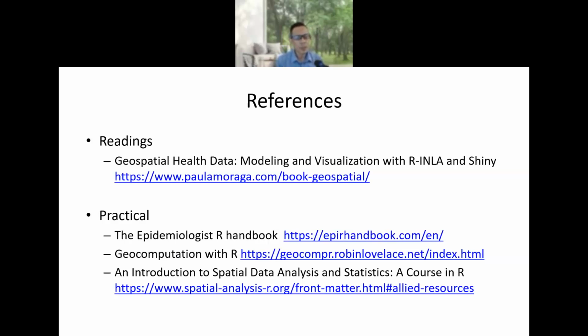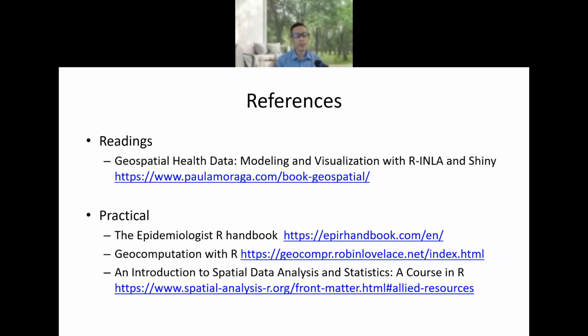And I think Robin Lovelace uses a lot more the tmap package. Okay, tmap package. And there is also An Introduction to Spatial Data Analysis and Statistics: A Course in R. Yeah, you can also go to spatialanalysis.org.